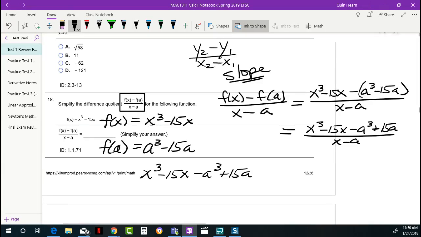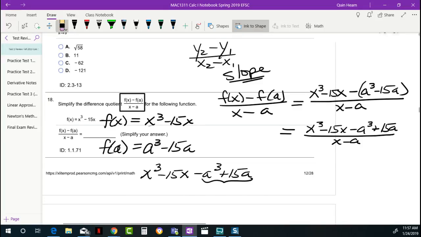So, for example, I don't want to leave it paired this way, because if you factor out, say, an x here, that leaves x squared minus 15. Negative a would leave a squared minus 15, and these don't match up, so then the grouping fails. So I'm going to rearrange this.